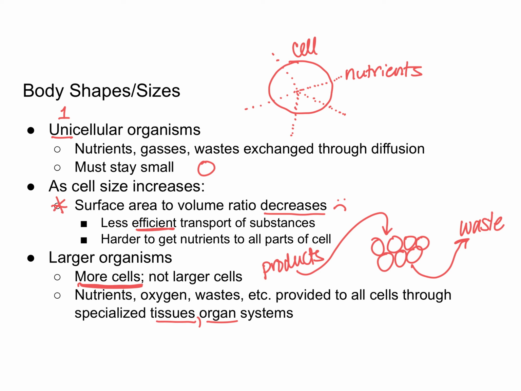So imagine if we take a look at this small unicellular here, and then let's just draw a bigger cell next to it, you can see how it's a lot faster and easier to get to the middle of the smaller cell than it is to get to the middle of the larger cell. So you can see how it's more efficient to be smaller as a cell as opposed to larger.